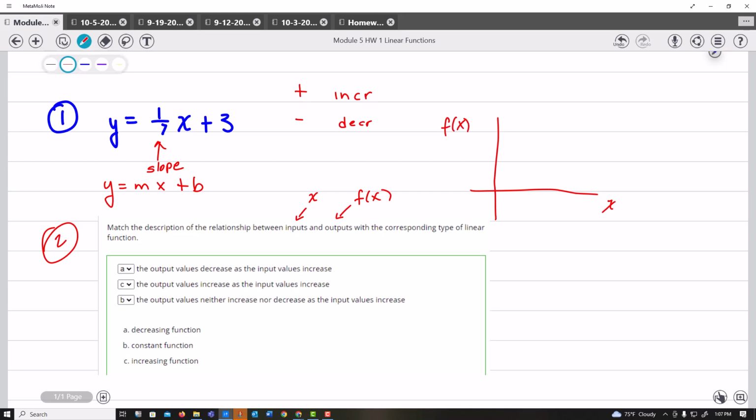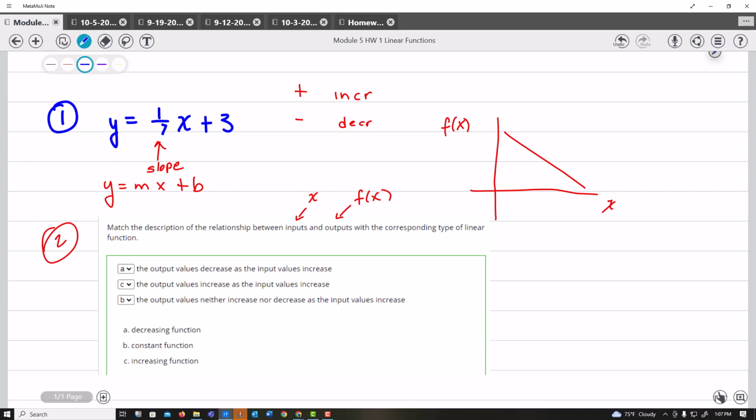It says the output values decrease as the input values increase. So that would be something like this, right? I would see that my output values are decreasing as my input values are increasing.